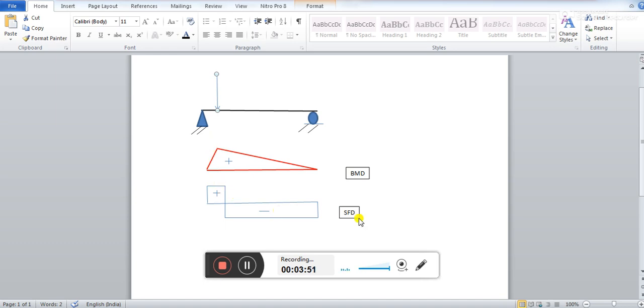In the same way, in the shear force diagram, at this point there will be some positive shear force, constant from here, and as this load is acting over here there will be a drop, and it will go down, and then again be a straight line because there is no change in load, and then it joins over here. So there will be some positive shear force and some negative shear force, and just at the load there is some positive and some negative shear force. This is your bending moment and shear force diagram.